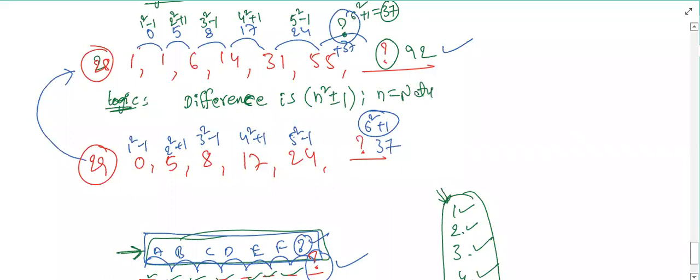See, every time I'm substituting natural numbers only. The examiner may substitute odd numbers, or only prime numbers, or composite numbers. Just in the examples, we are taking the consecutive natural numbers every time. And tell the logic for this question number 29.